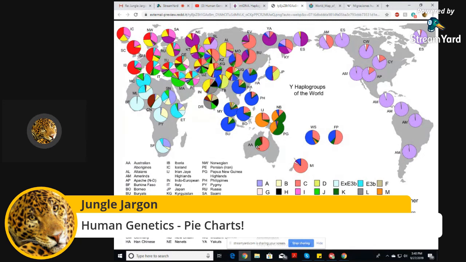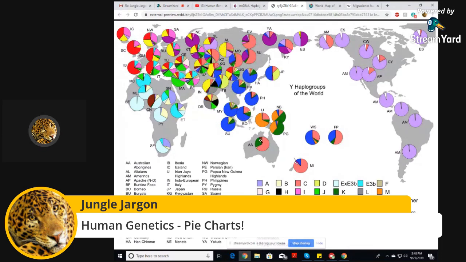And the Aborigines are K and C. K seems to be Japhethite. So all this green is Japhethite.